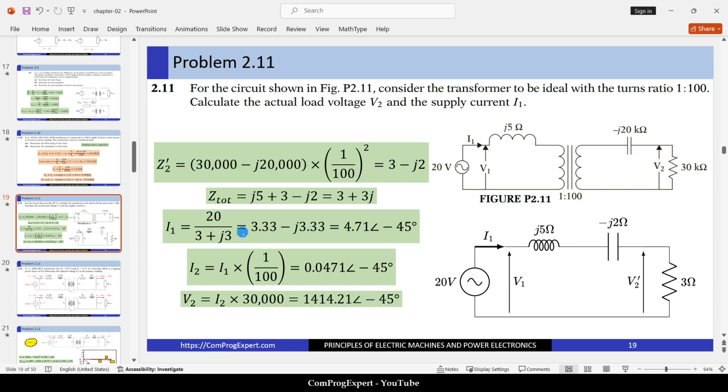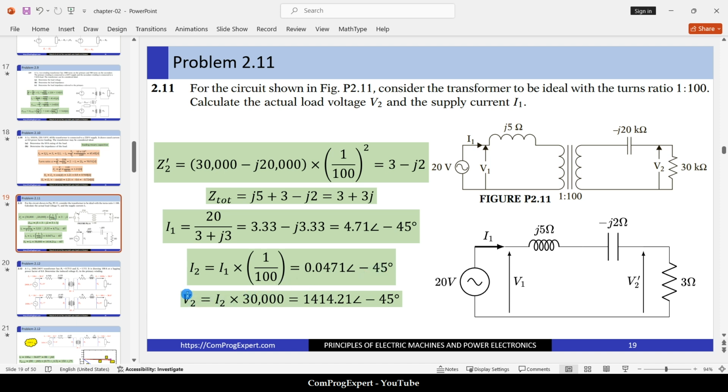So here is the value of the current. The amplitude of the current is 4.71. Its angle is negative 45 degrees. Okay, and how can we calculate V2? We can transfer the value of the current to the secondary side first. So I2 is equal to I1 times 1 divided by 100. Okay, that is equal to this one.